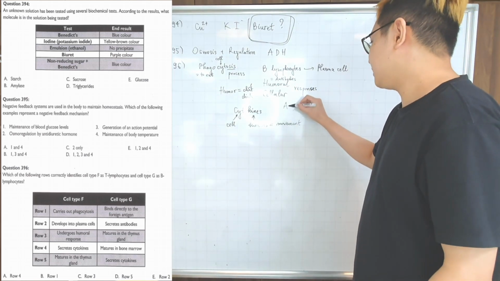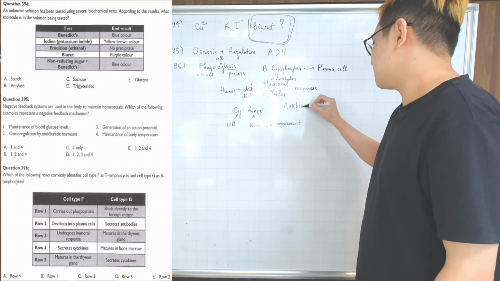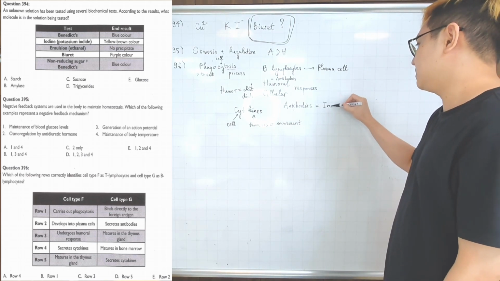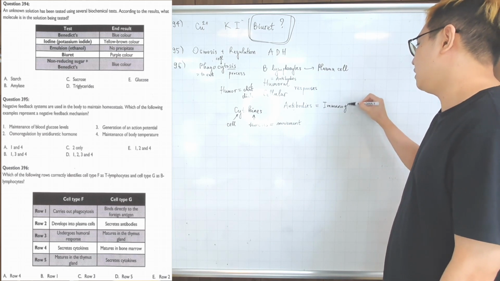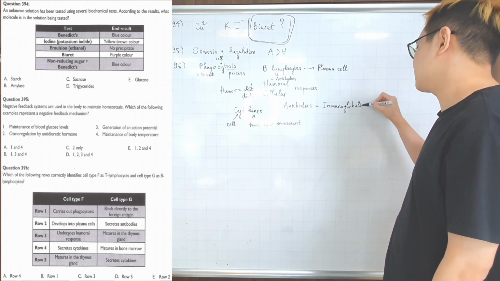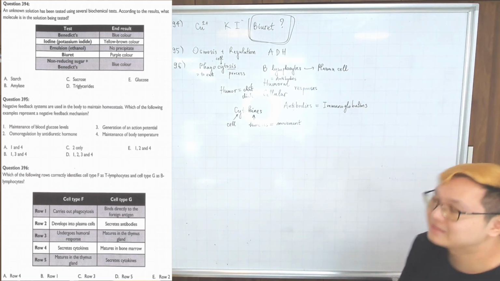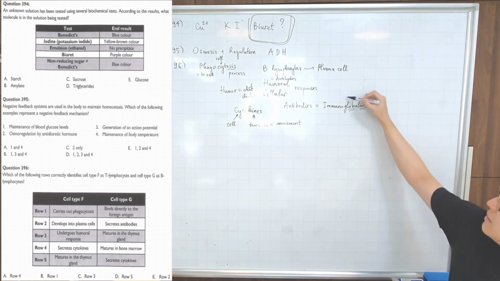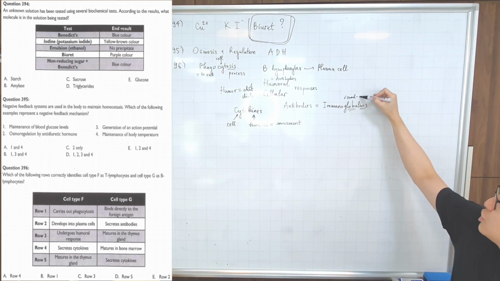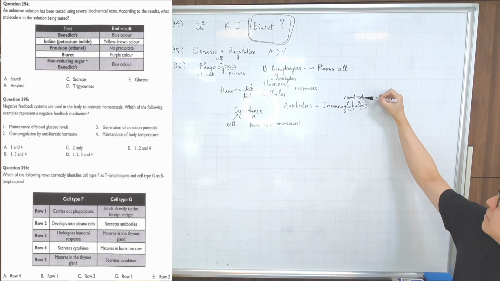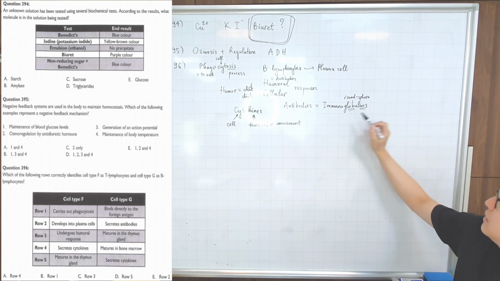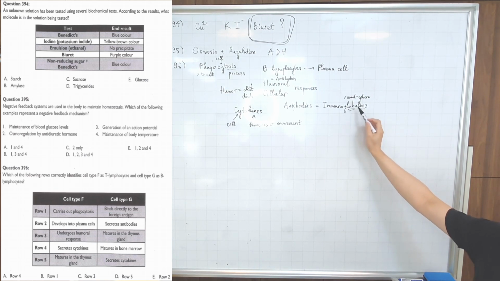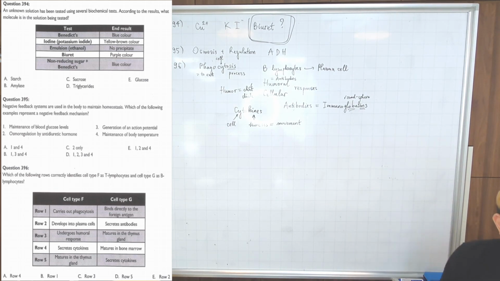Another name for antibody is immunoglobulin. Immunoglobulins are proteins that have a round shape in the immune system.